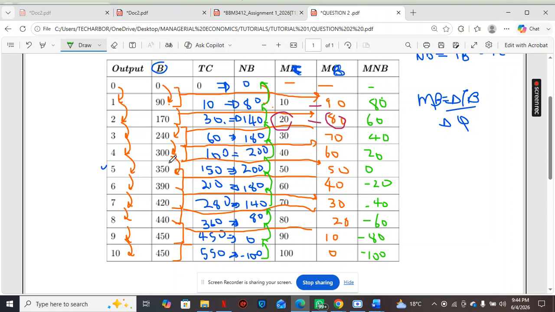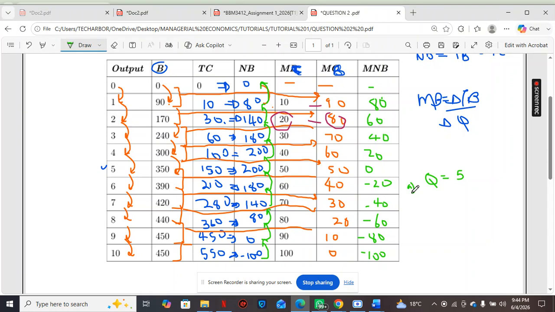So we look at our net benefits here and we say, where is our net benefits maximized? You see at Q4 net benefit 200, at Q5 200? Okay, so we're going to say when quantity equals 5, net benefits are maximized. Okay, where Q equals 5, net benefits are maximized.